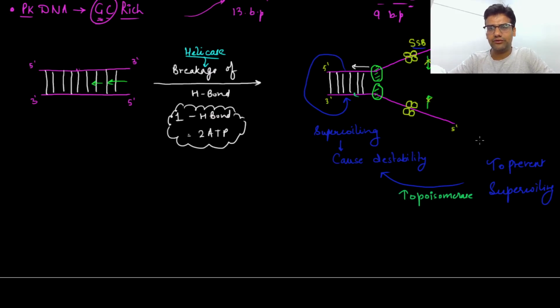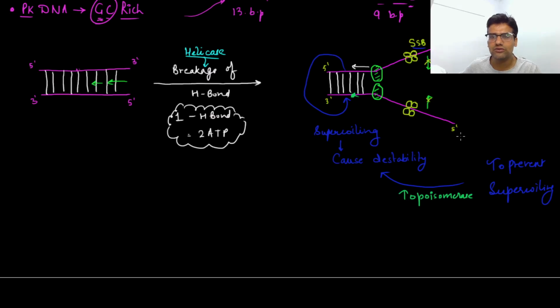This is the topoisomerase here, the green color part. This topoisomerase basically causes a nick in the DNA. If there is a nick, it means there is a small cut. Nick doesn't mean we are removing the base pair from the DNA. Nick is basically what we call breakage in the phosphodiester bond.